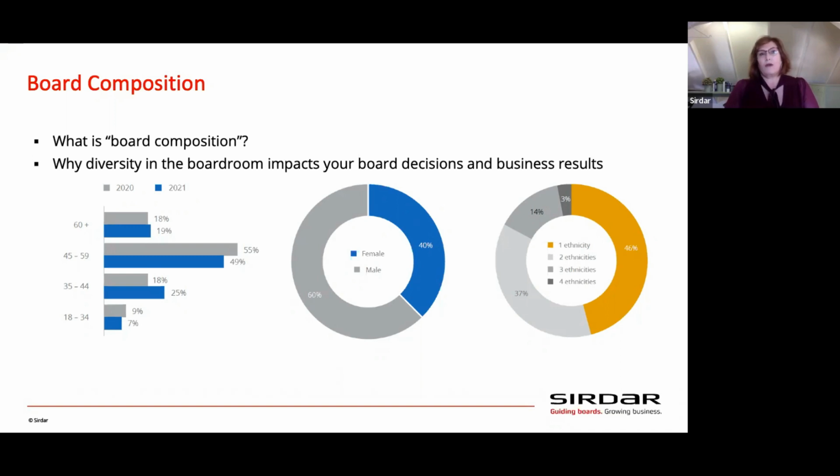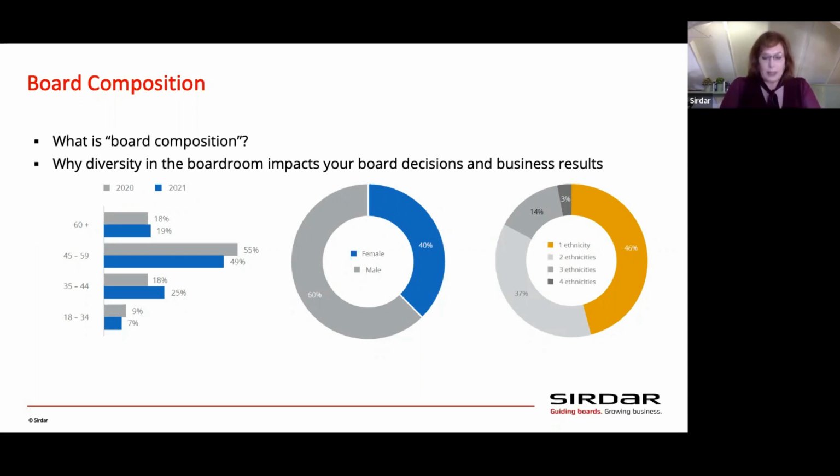Average boards are probably between 5 and 6 of those surveyed. You see up to 12 members sitting on a board, and you see boards of about 4. But it really is important to start bringing in your independent non-executive directors, and certainly something we recommend is an independent chairman.